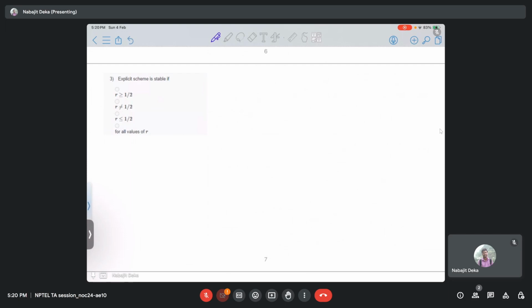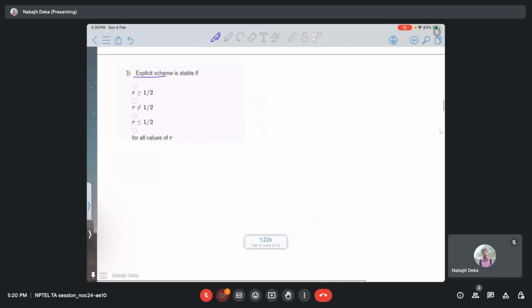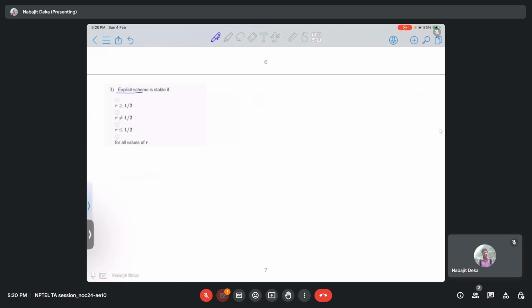So the next question asks: the explicit scheme is stable if... we can find that in lecture 7 probably.